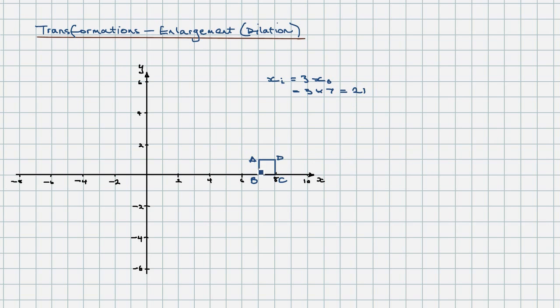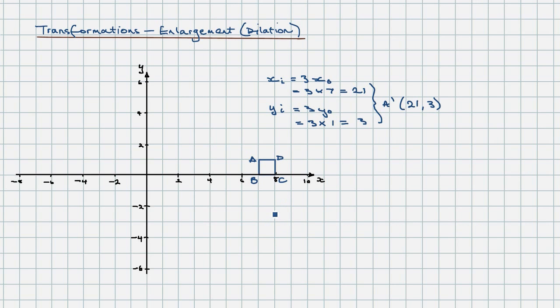Now let's consider the y-coordinate of the image. So that's going to be 3 times the y-coordinate of the object. The y-coordinate of the object is 1, so it's 3 times 1 equals 3. And now we've got what we can call A prime. The coordinates of A prime must be 21, 3.